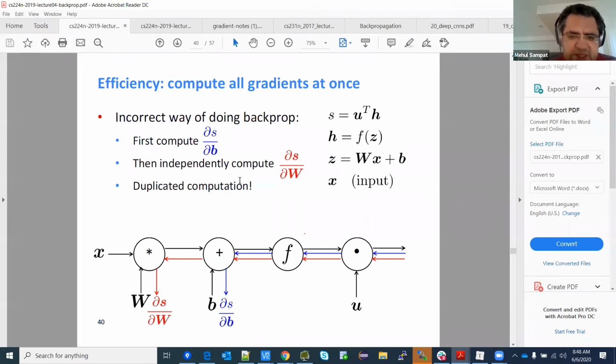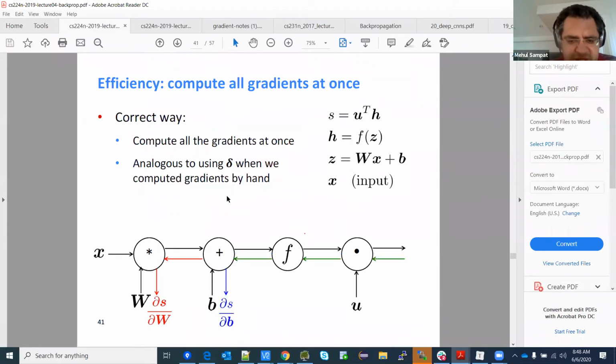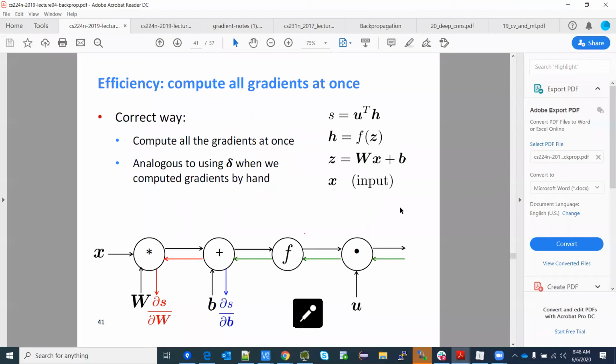So he says the efficient way would be to compute all the gradients first. What he's saying is that if you compute del S by del W, you have to go through all the chain rule and everything, and then you have to do it again later on.